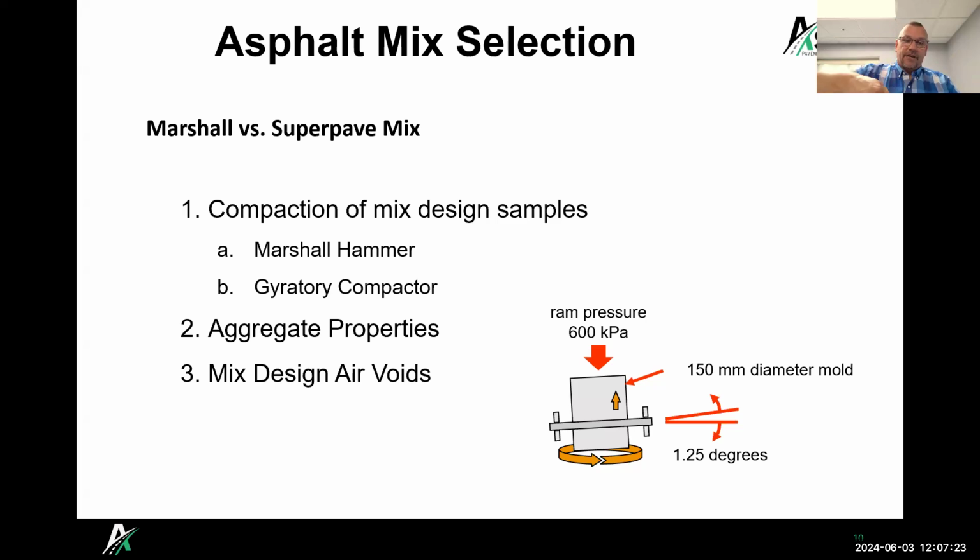As you're pushing down, it rotates at an angle. And what this does is it mimics how compaction is done in the field and over time with traffic by kneading that material together. And the idea was that that's going to give us a better idea of how that mix compacts than just a 10-pound weight falling straight down onto the mixture.